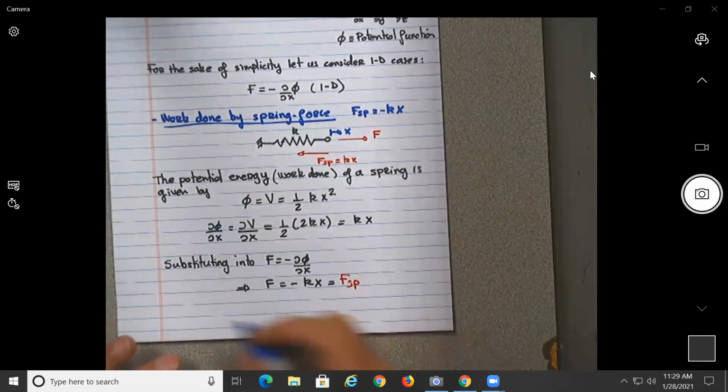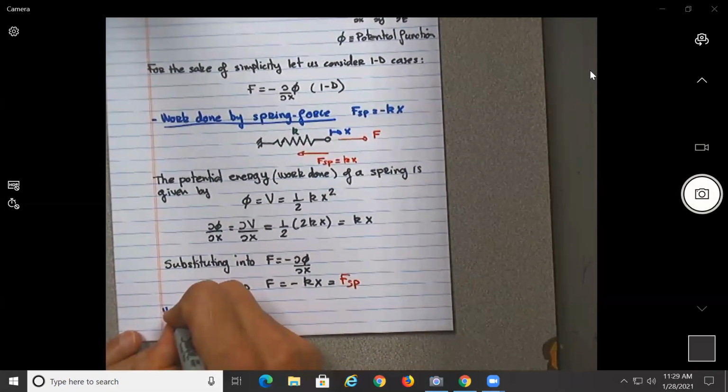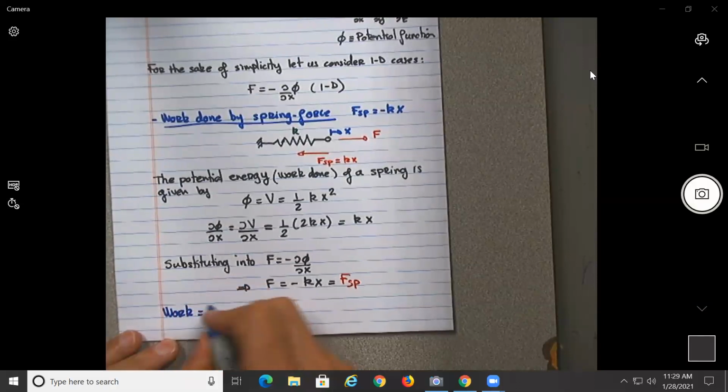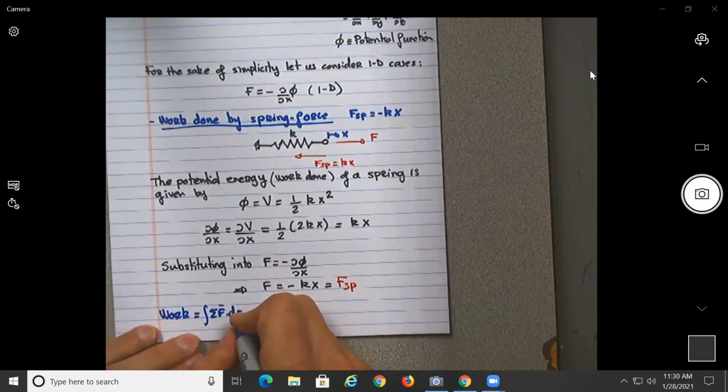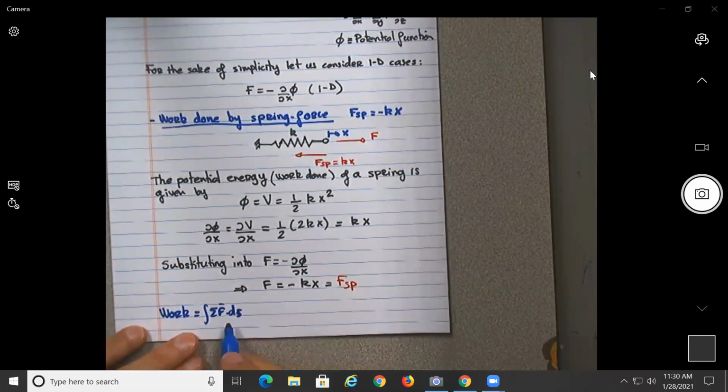And now, what is work? Work is, what did I use, ds or dr on the previous notes? ds, which is what? Force times distance, no?